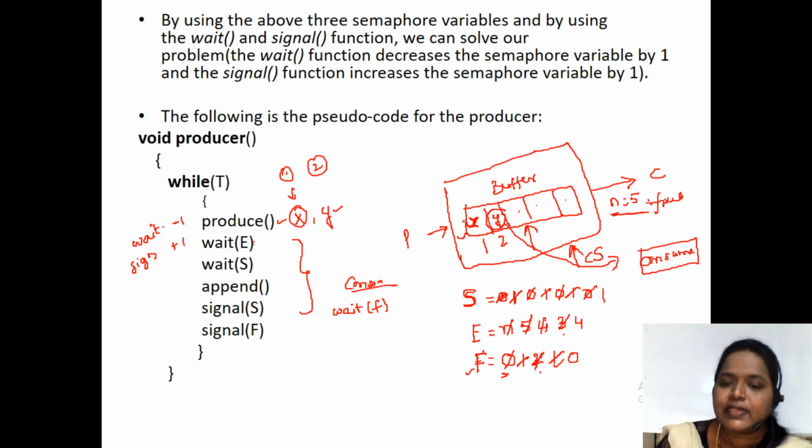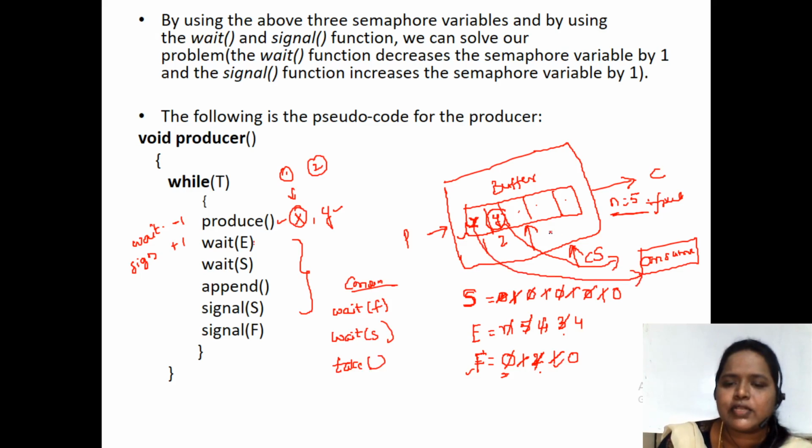Why? Because we are going to consume another item. Then wait(S). Wait(S), now 1 is going to be 0. Now take. Take operation, we are going to consume this item also.